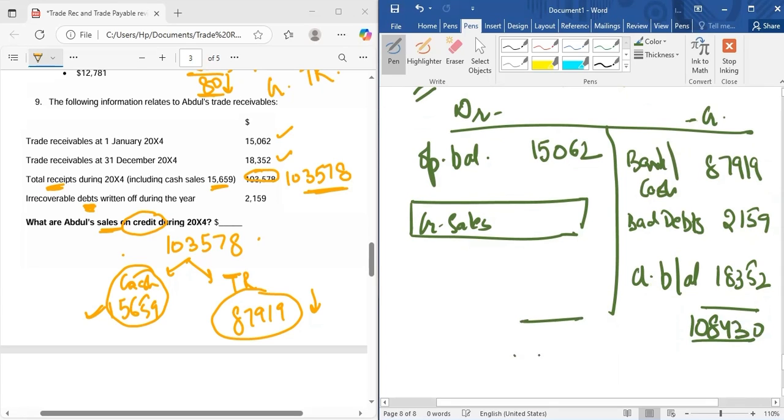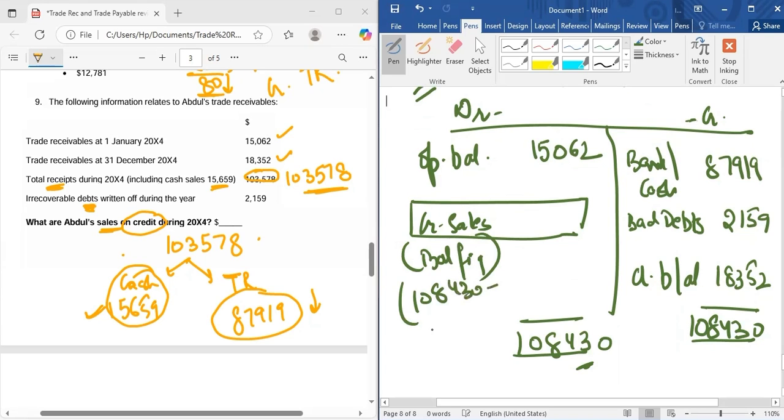This should be the total on both the sides. 108430, and subtract 15062 from this amount, so we'll get our balancing figure. 108430 minus 15062 is coming out to be 93368. Okay, so here the sales which were made on credit were 93368. All right, moving forward.